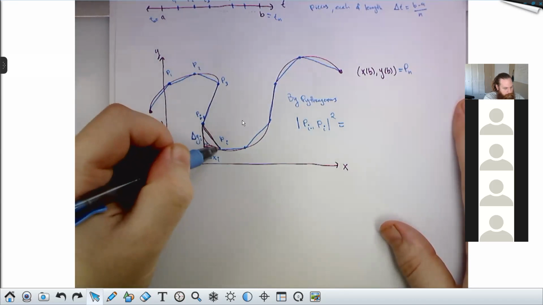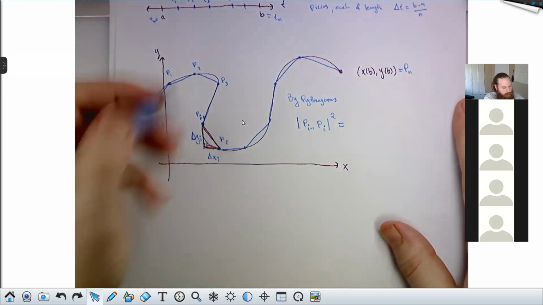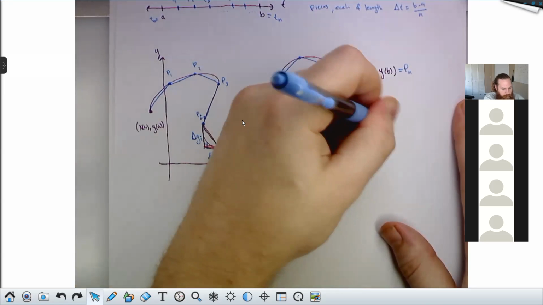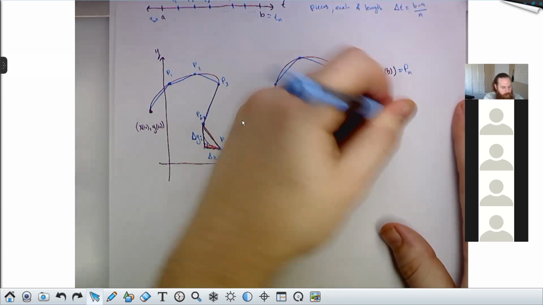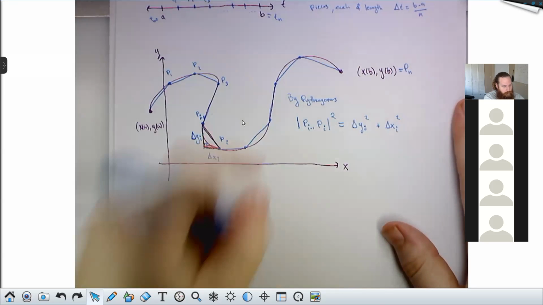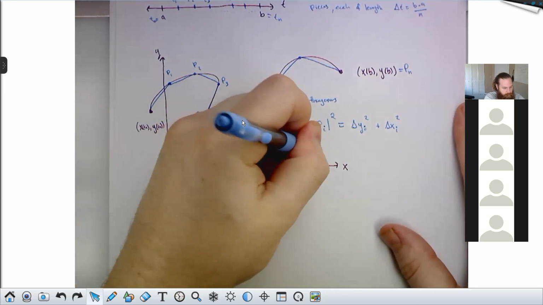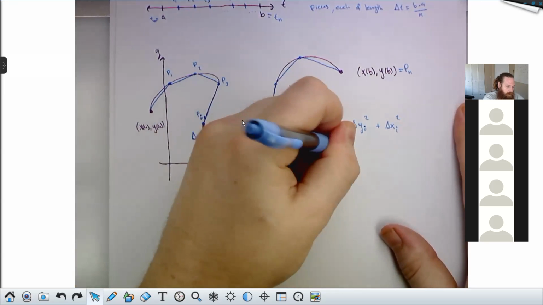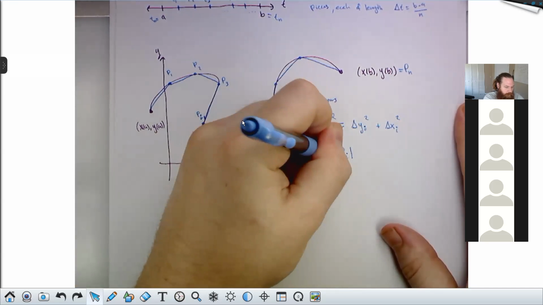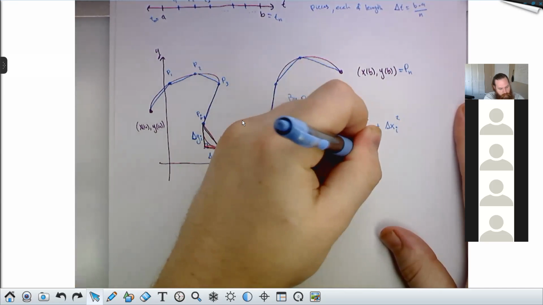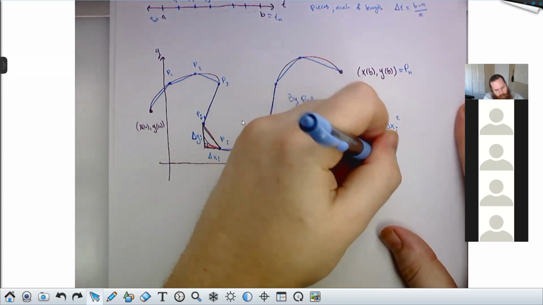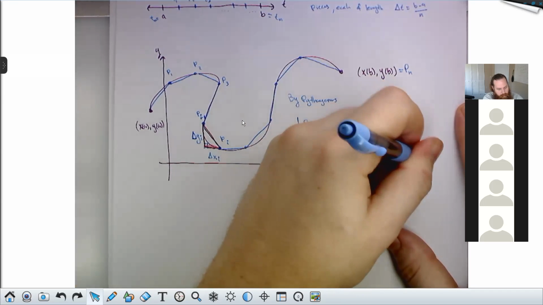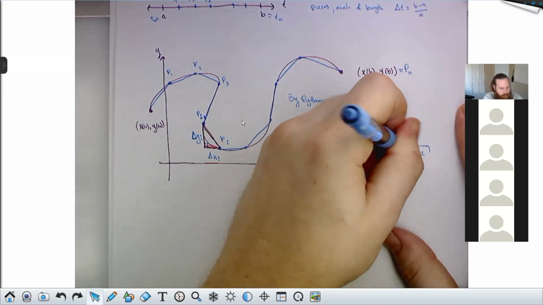So the distance from pi minus 1 to pi squared is equal to delta yi squared plus delta xi squared, which means that the distance from pi minus 1 to pi, the distance between any two consecutive points, is the square root of delta yi squared plus delta xi squared.